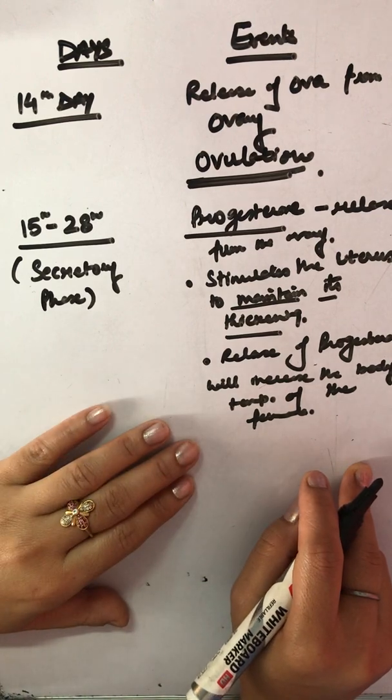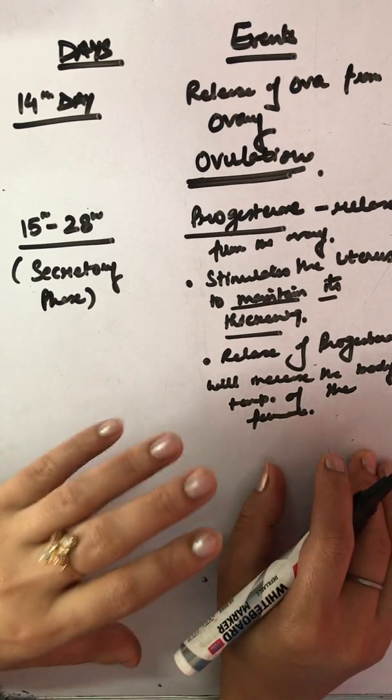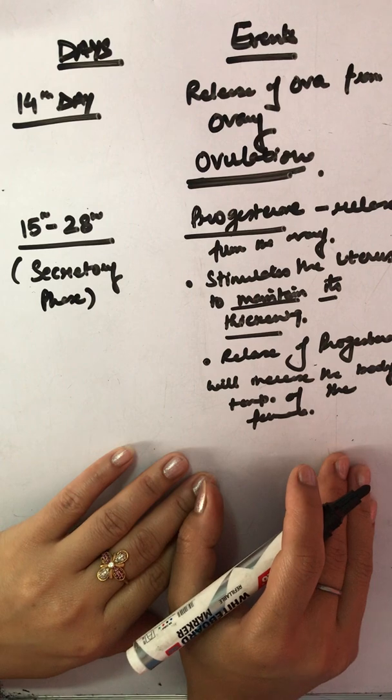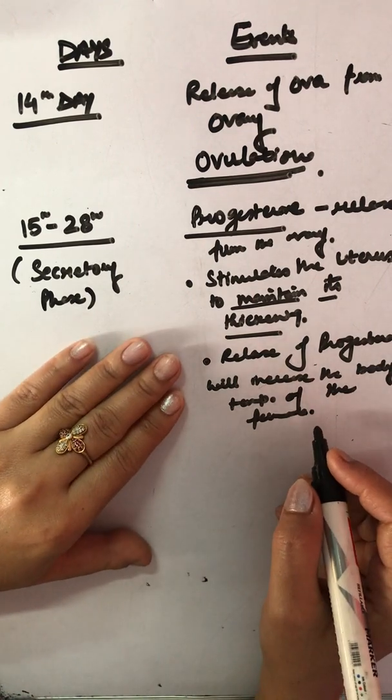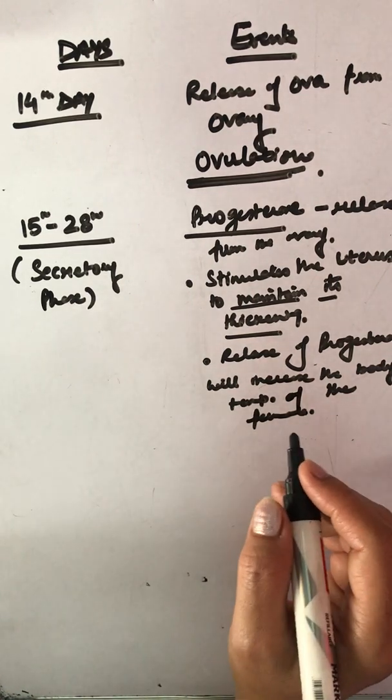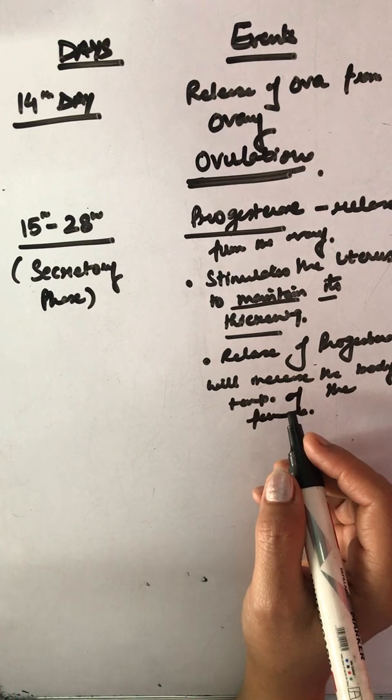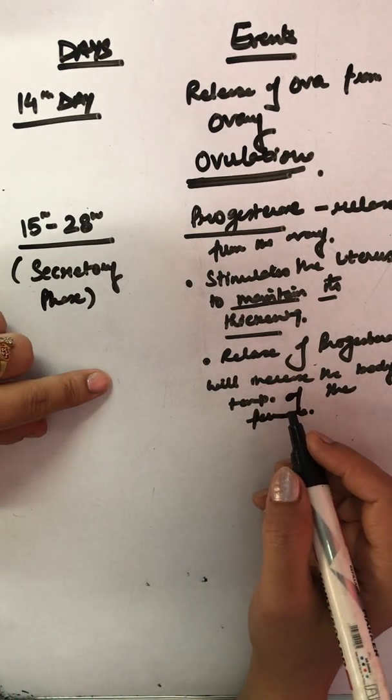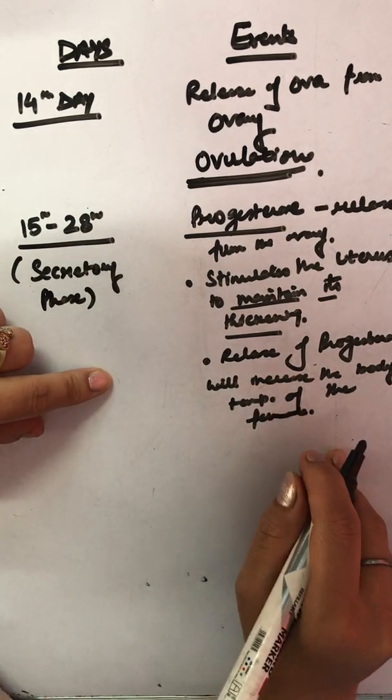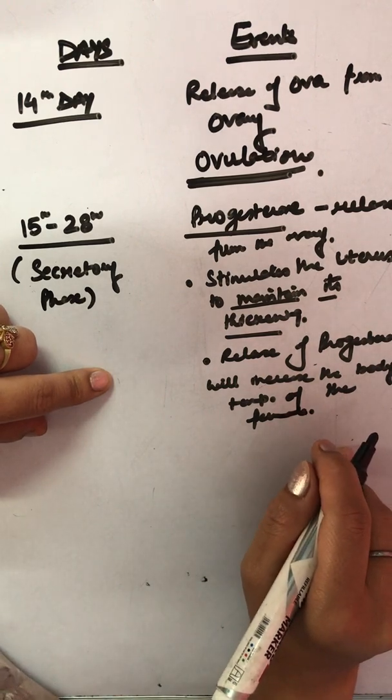So here it is when setting up the body, whether the lining gets thickened. Then in case fertilization occurs, both the hormones continue to cause thickening of the inner lining of the uterus as well as the fallopian tube.